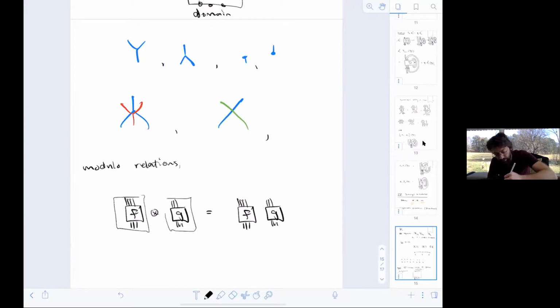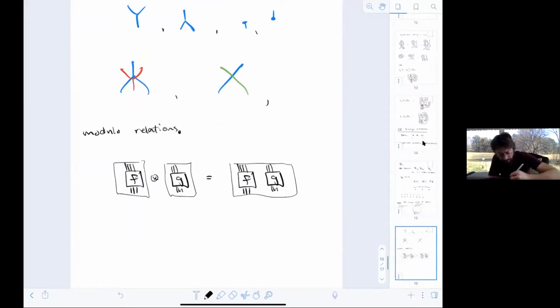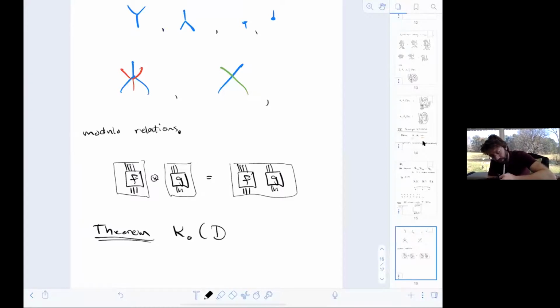Sorry for the sloppiness of the picture. So this is not an additive category quite yet. It's a linear category in the sense that morphism spaces are linear, but you can formally adjoin all direct sums. And what you get is a category whose Grothendieck group is an integral form of the Hecke algebra.